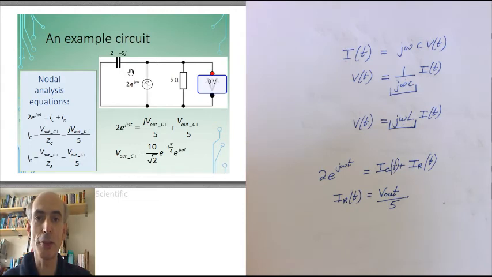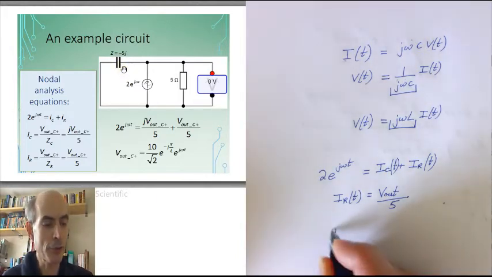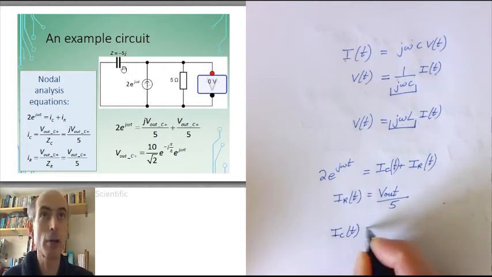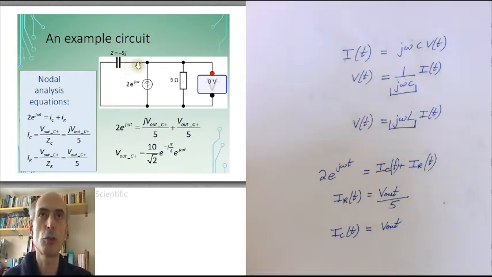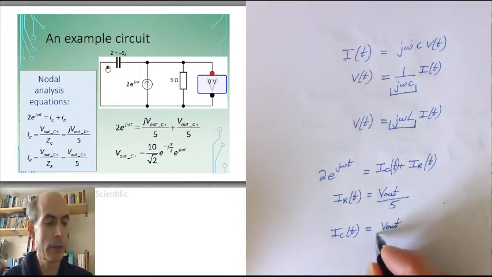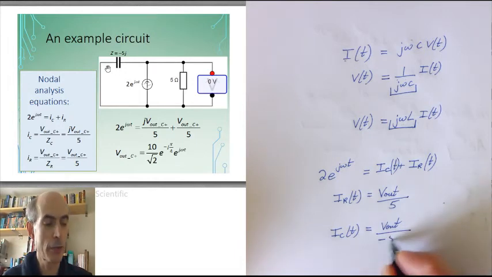And for the capacitor, I can use exactly the same technique. I just have to use the complex impedance of the capacitor, which in this case works out to be minus 5j. So, for the current through the capacitor, I could write that as V out, which is the voltage across the capacitor as well, divided by the impedance of the capacitor, which is minus 5j.